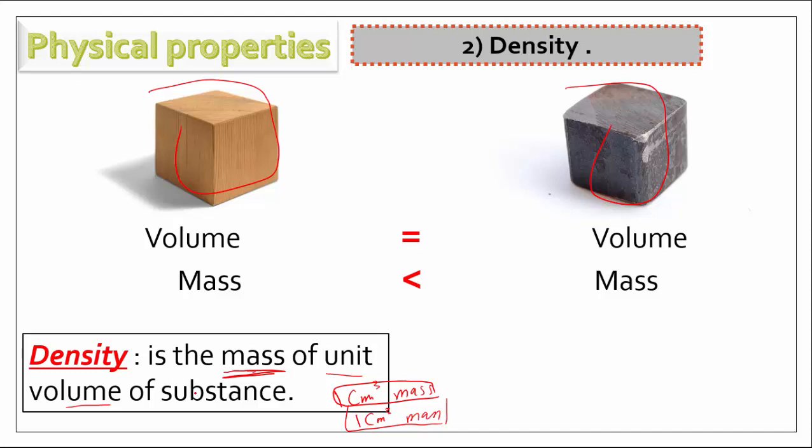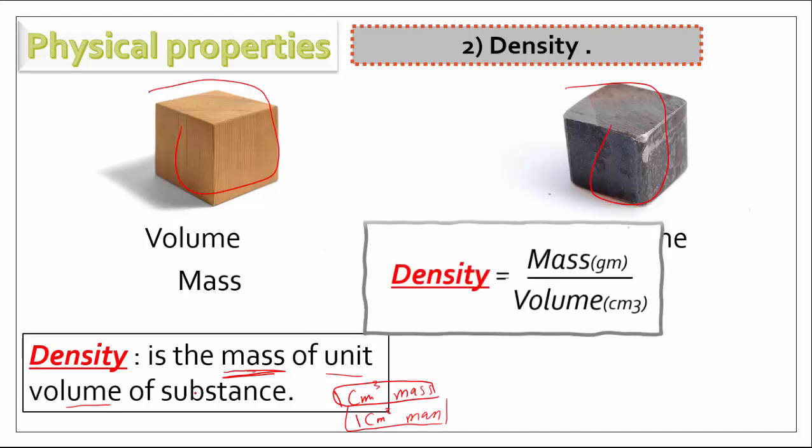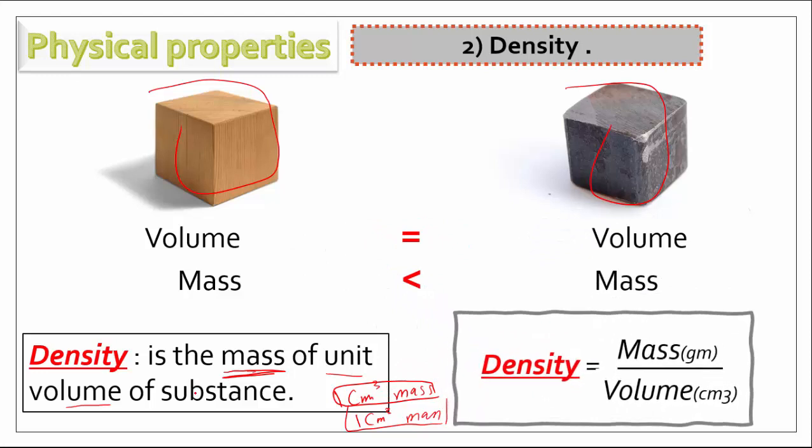Tell me, from the definition of density, what are the factors that affect the density? 2 factors, mass and volume. Therefore, the density will equal mass over volume. The measuring unit of mass could be gram, kilogram, ton, whatever.